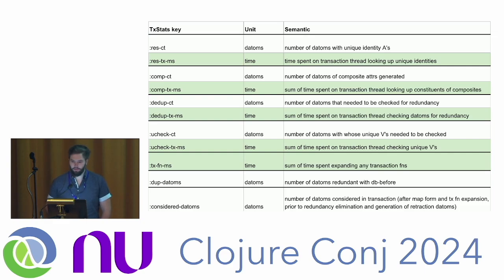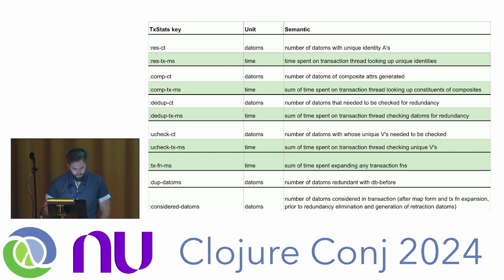So let's say that, for example, you were upserting some entity and you resubmitted all the attributes for that entity except for one. You would spend time deduplicating the redundant ones out of that map to then only actually assert the novel fact. And this takes time. Don't do that.